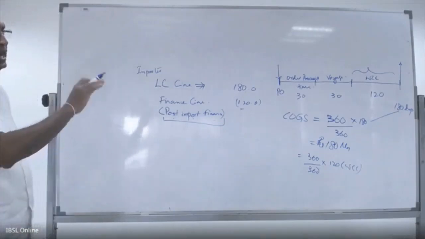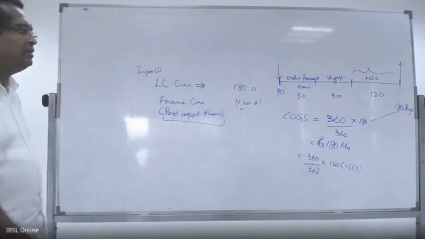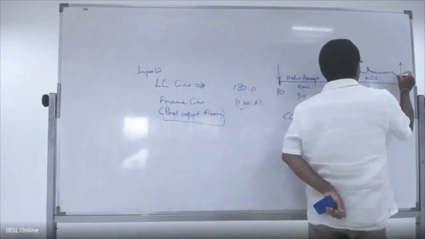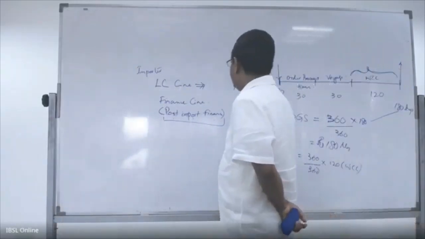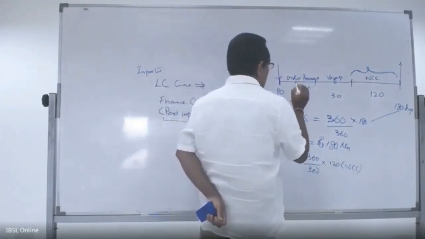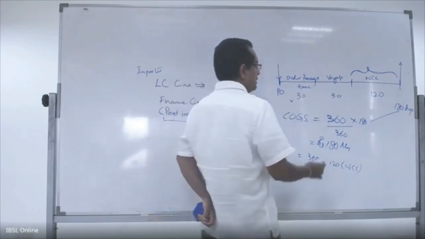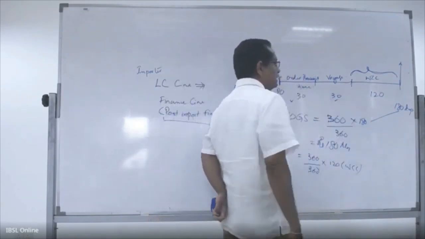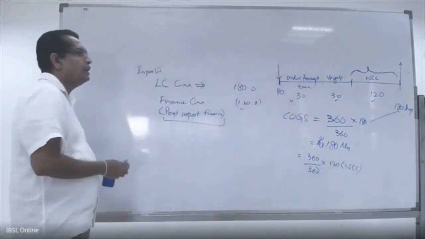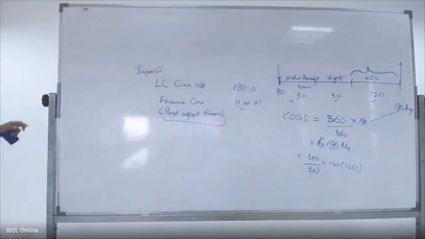This is how we calculate. Since I have not taught you this part, we have to wait for that. But when we calculate, you need to know the order processing time, the voyage time, and the working capital cycle in order to calculate this. Right?